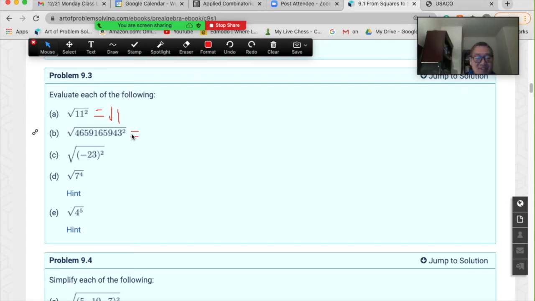See that number squared, then square root. Is it 40? It's not 40. No, not 40. It just equals that number itself. Just copy that number here. 4659165943, right?